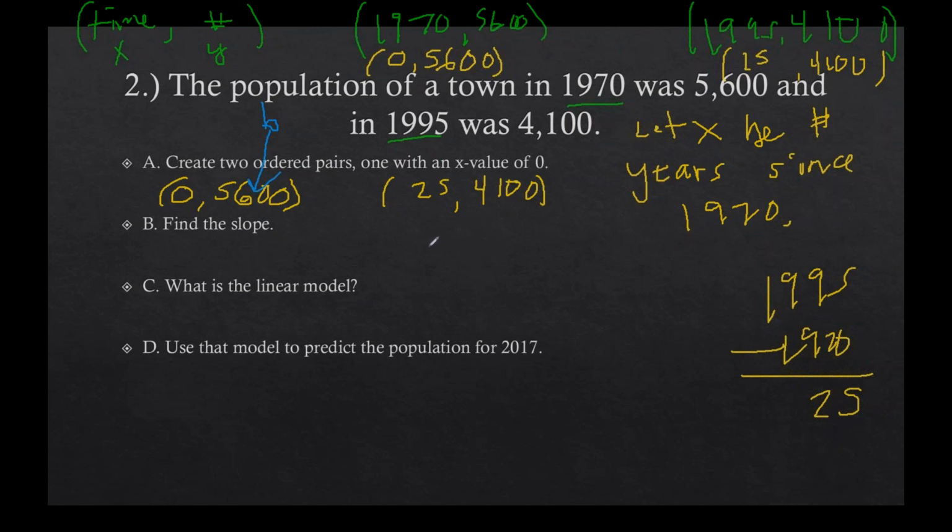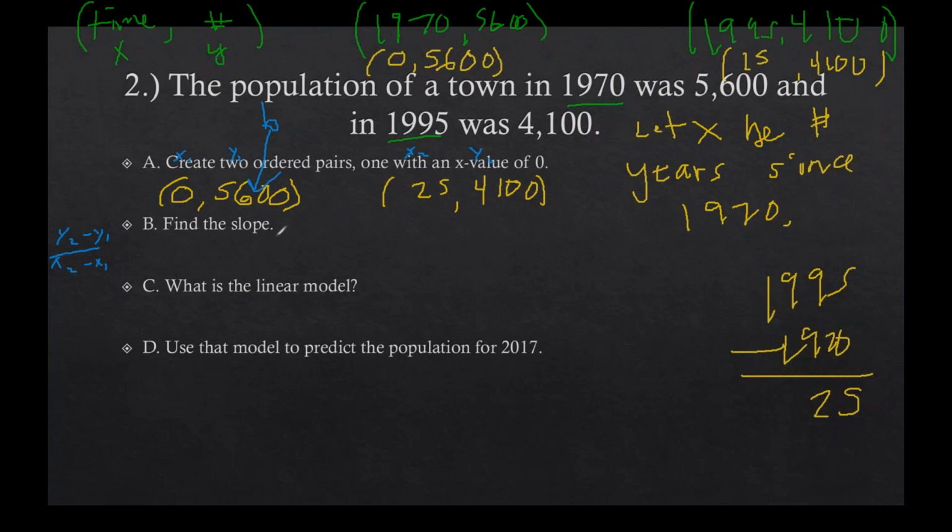Okay, now we can find our slope. Remember that slope is y2 minus y1 over x2 minus x1. It doesn't matter which, I usually just say this is x1, this is y1, this is x2, and this is y2. But as long as you're consistent with your little numbers, you're fine.